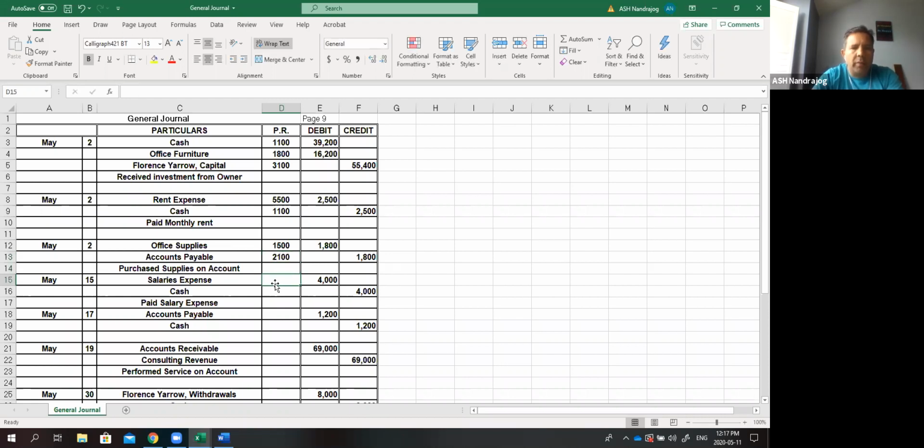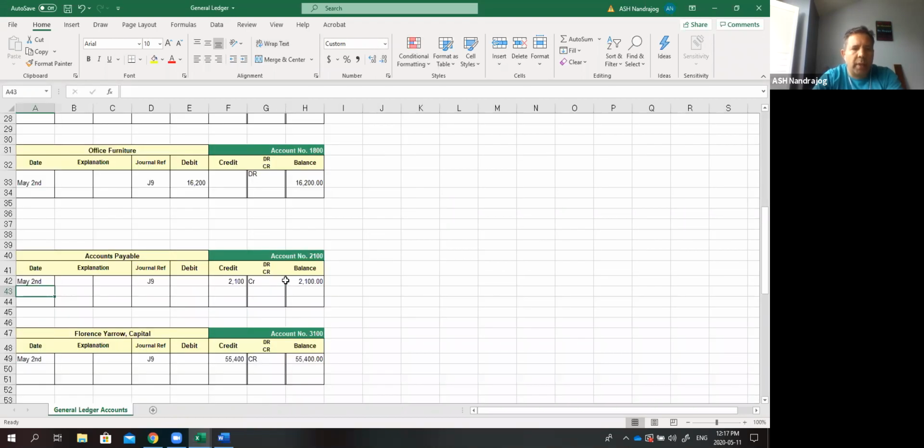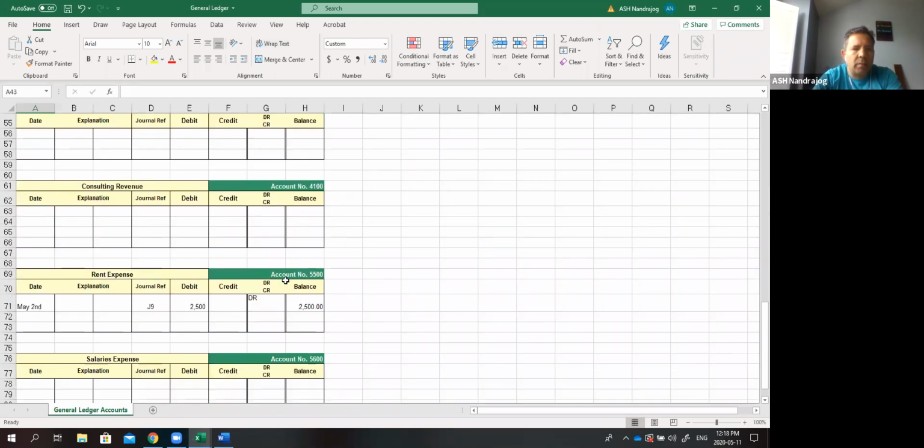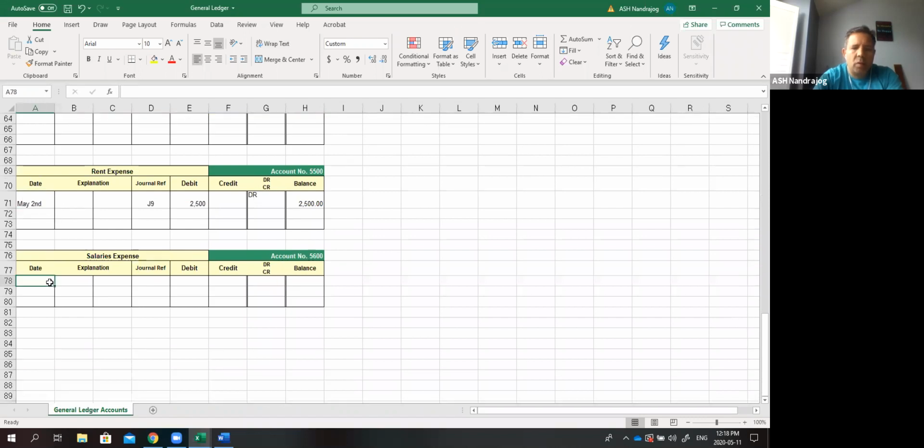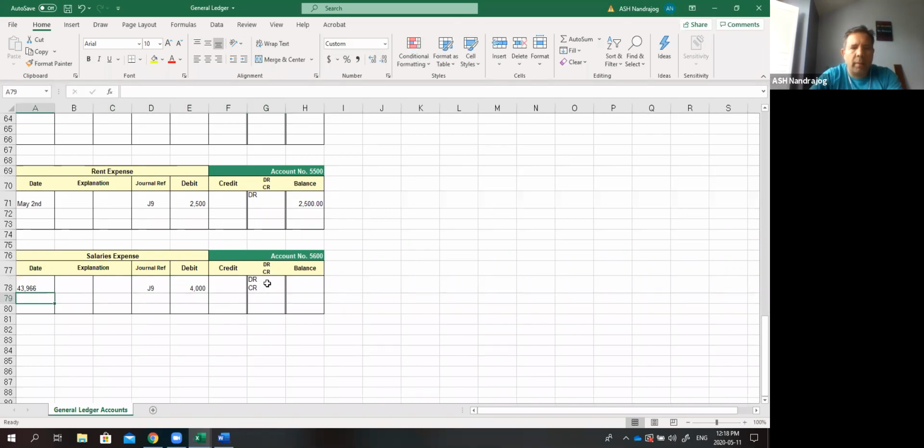Okay, then May 15th we have salaries expense of $4,000. So let's find salaries expense. So May 15th, and it's coming from journal page 9. It's a debit of $4,000. So the balance would be a debit of 4,000.